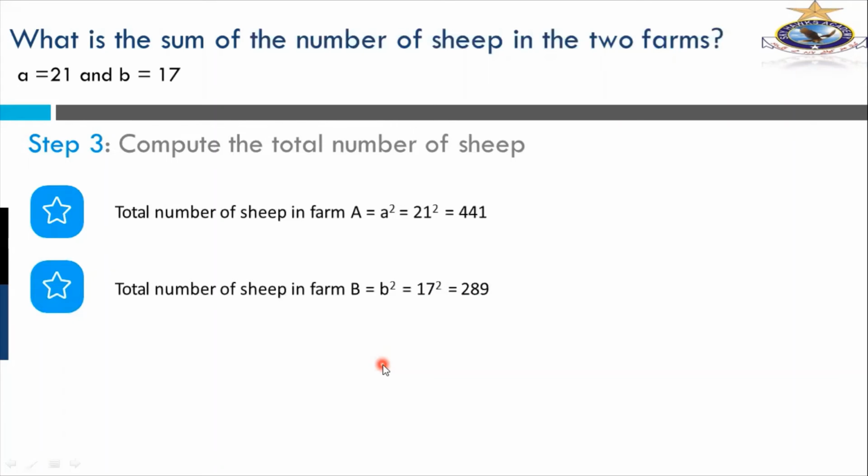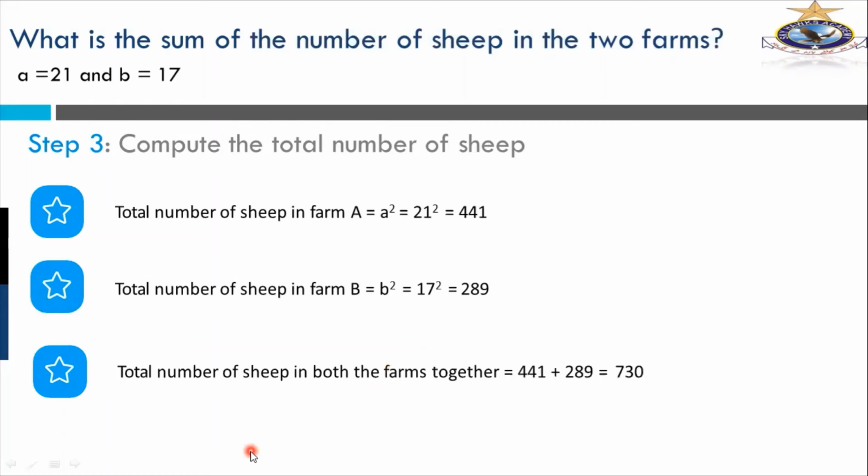So now we have what? Total number of sheep in both the farms together, that is 441 plus 289, that is 730. So 730 sheep in both farms.